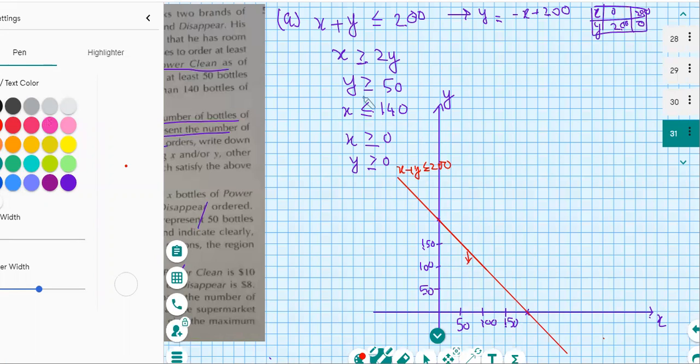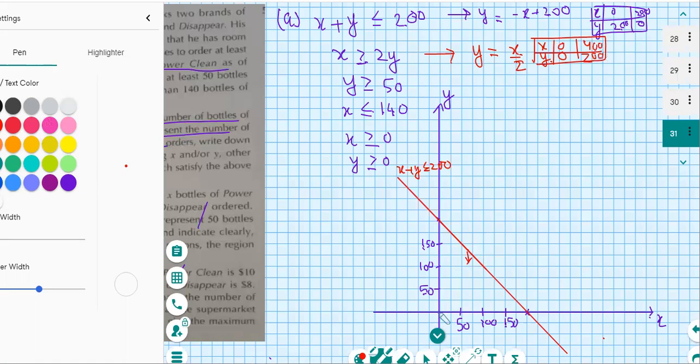All right. Next, X is greater than 2Y. So this can be converted into y equal to x by 2. So the table will be: for 0, it is 0. For 400, this will become 200.